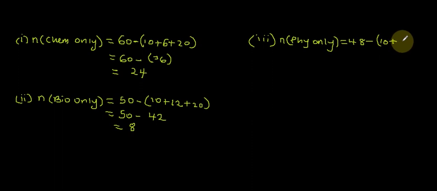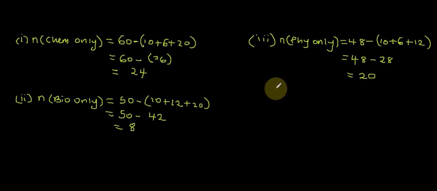Then we go to the number of students offering chemistry and physics, which is 6, plus the number of students offering physics and biology, which is 12. Hence, we have 48 minus 28, which will give us 20.